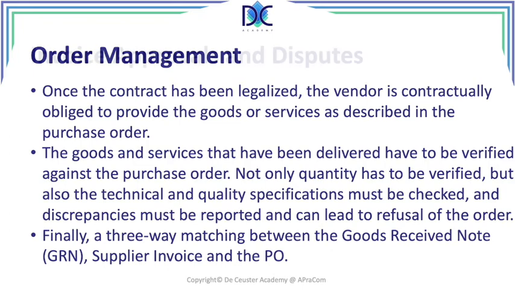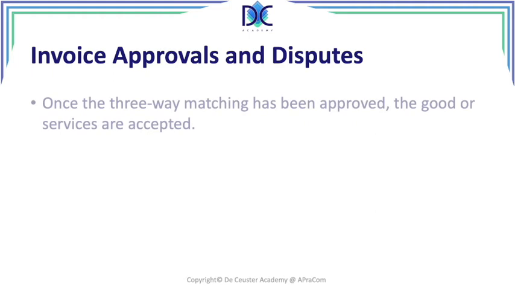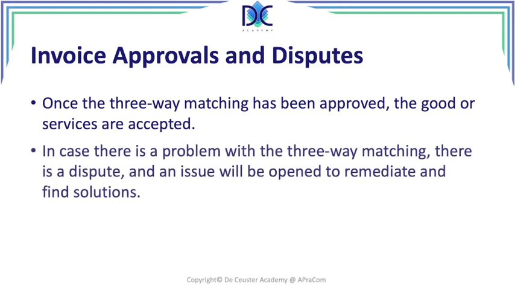If there are some problems, we can have some disputes. Now, once the three-way matching has been approved, the goods or services are accepted. In case there is a problem, we have to open a dispute and find solutions.